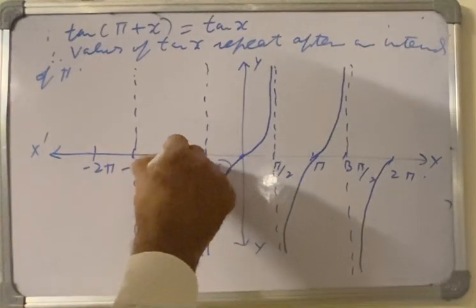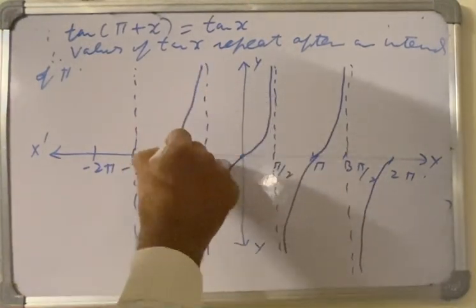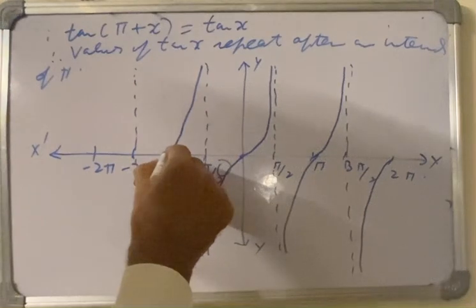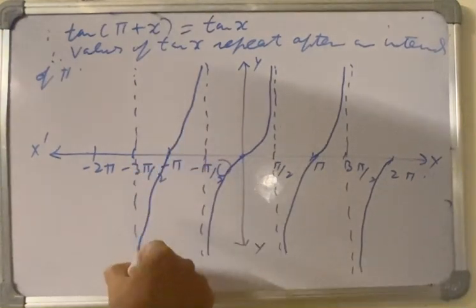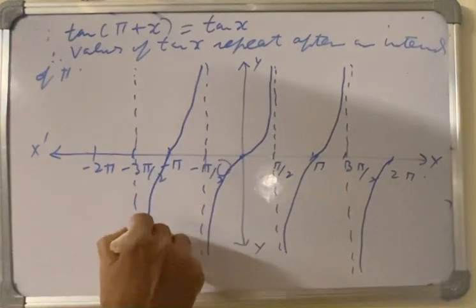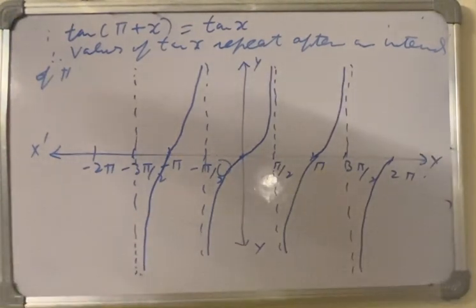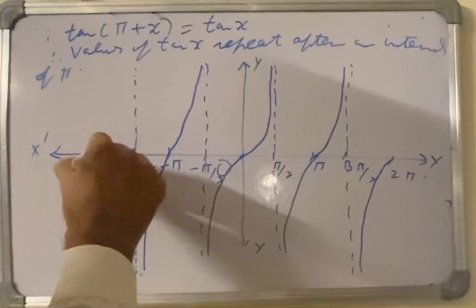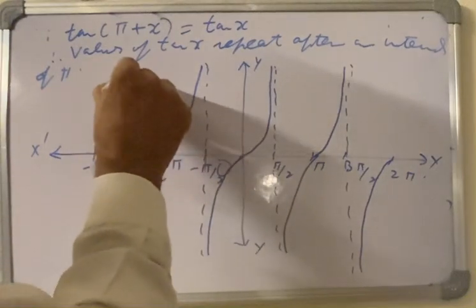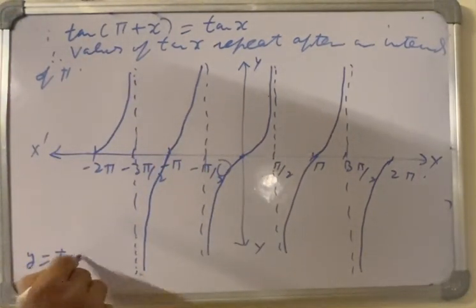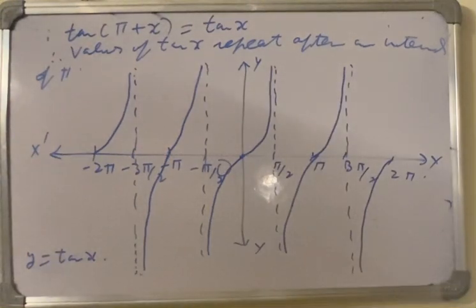So it goes in this way, and at 2 pi again the value of tan is 0. So this is the graph y is equal to tan x.